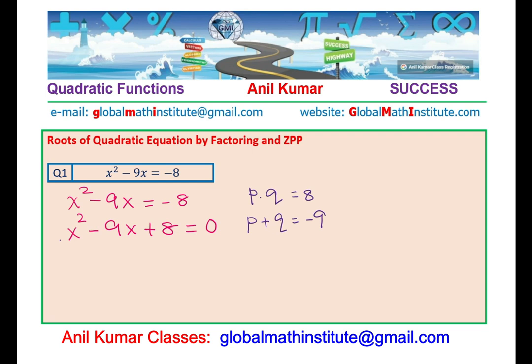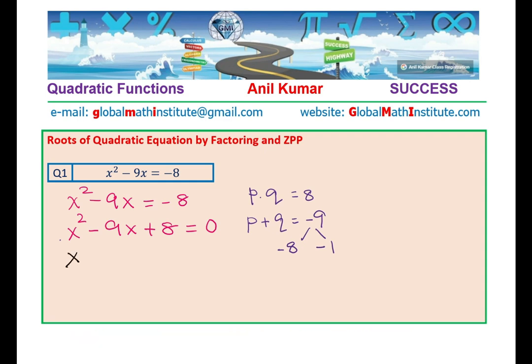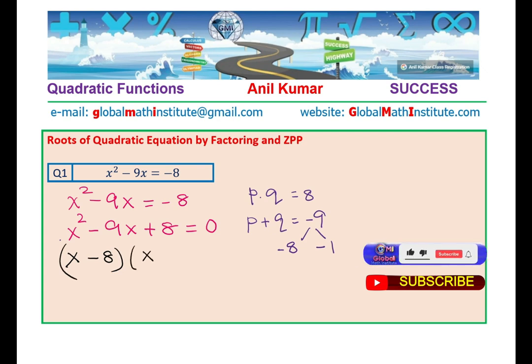Clearly, to get minus 9, we need two negative numbers to add up. In this case, the two negative numbers are minus 8 and minus 1. When you multiply them, you get plus 8. Makes sense. So now you can factor this: I get x minus 8 times x minus 1.